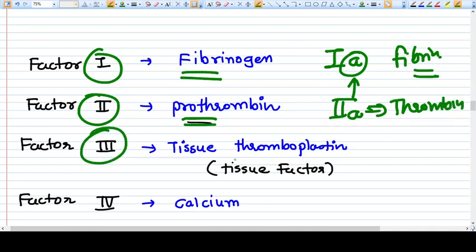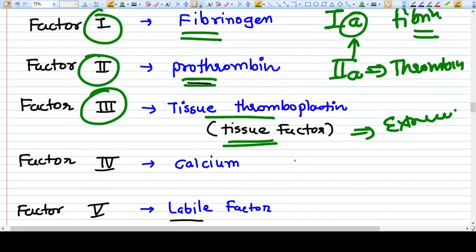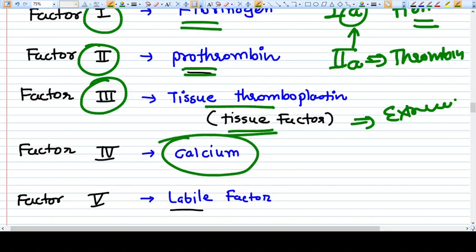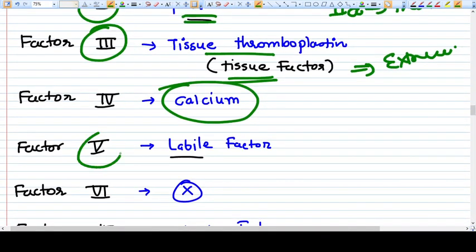Factor 3 is tissue thromboplastin or tissue factor, which is involved in the extrinsic pathway. Factor 4 is calcium itself. Factor 5 is the labile factor.